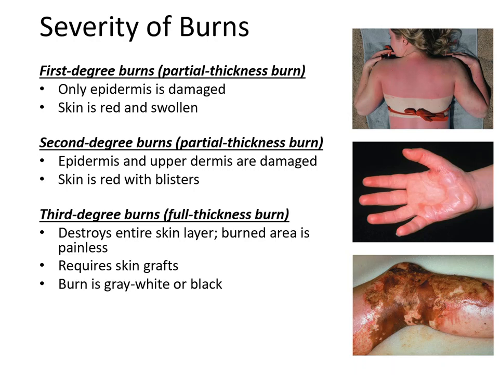Second degree burns are going to be worse. This is when your epidermis got damaged and the upper dermis got damaged. If you got a second degree burn, a common sign is going to be blisters on your skin, such as in that picture.